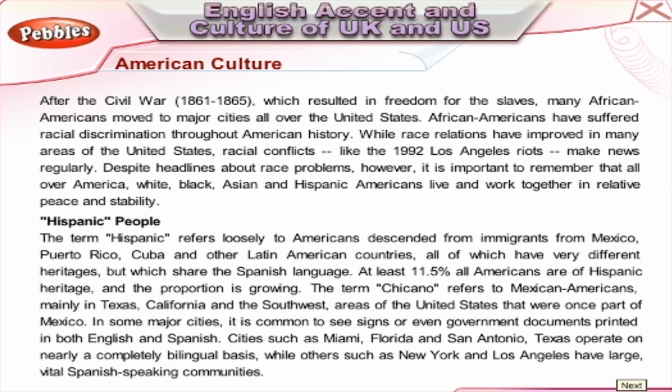The term Chicano refers to Mexican Americans, mainly in Texas, California, and the Southwest, areas of the United States that were once part of Mexico. In some major cities, it is common to see signs or even government documents printed in both English and Spanish. Cities such as Miami, Florida, and San Antonio, Texas, operate on nearly a completely bilingual basis, while others such as New York and Los Angeles have large, vital Spanish-speaking communities.